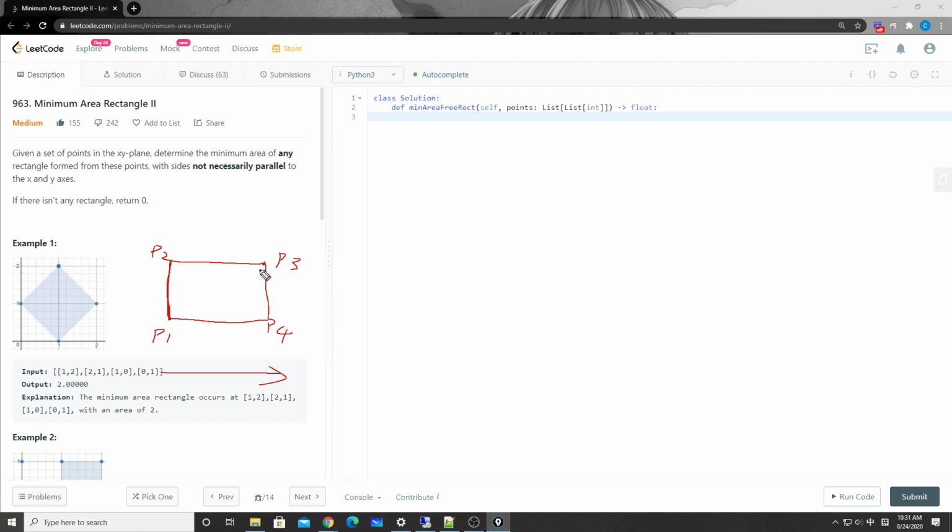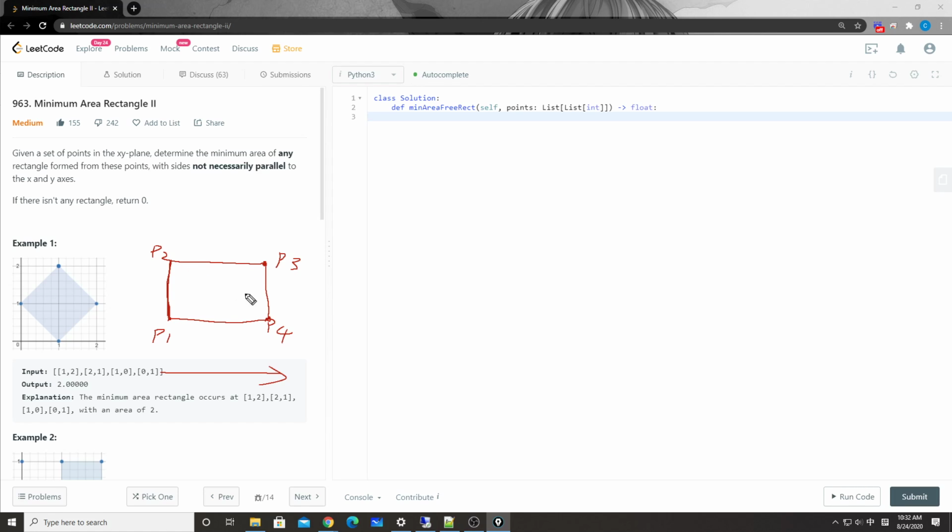Basically, our first approach for this problem is that we still find the first two points, and then we try to use the Pythagoras theorem to find the third point. And with the third point, then it's easy. We can find the fourth point.